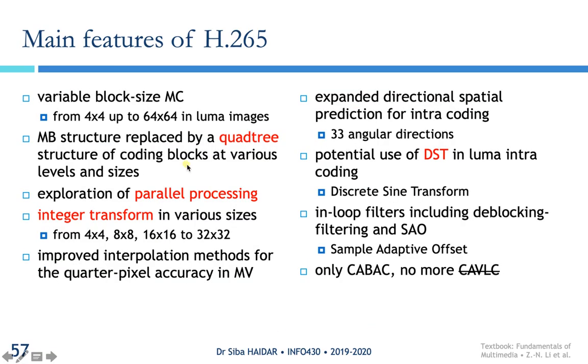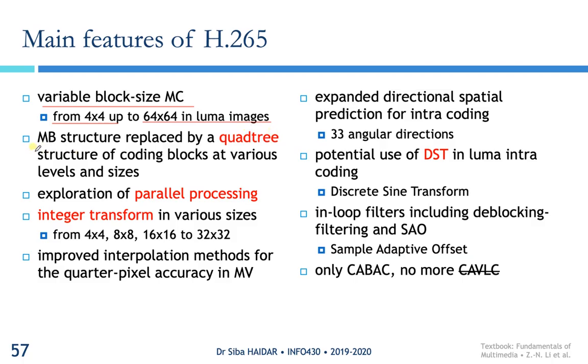The main features of H.265 are the following: the variable block size for motion compensation. You don't have to use 8x8, 16x16. You can use sizes ranging from 4x4 until 64x64 in Luma images.